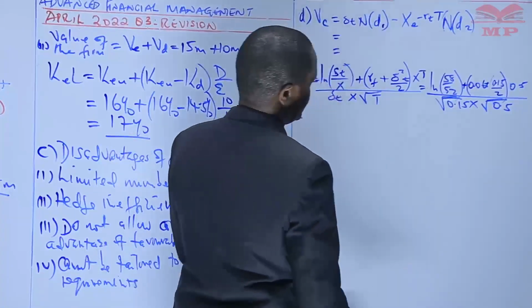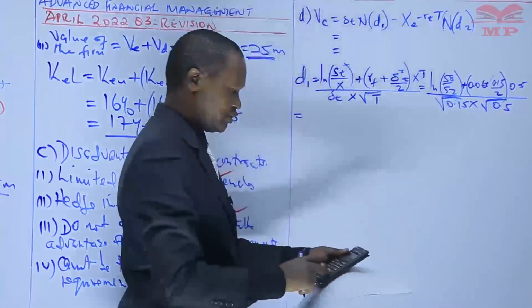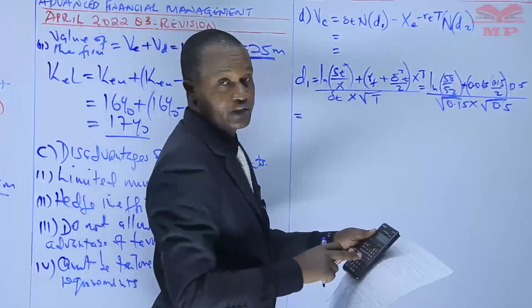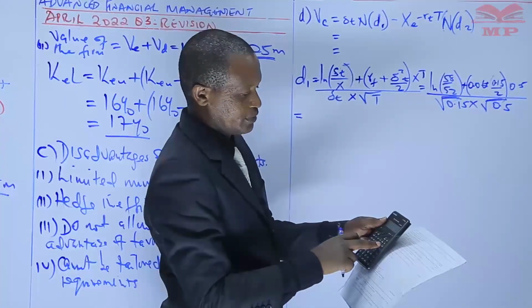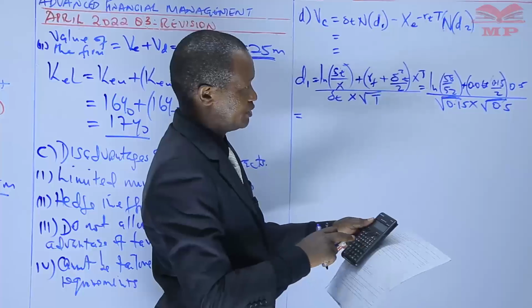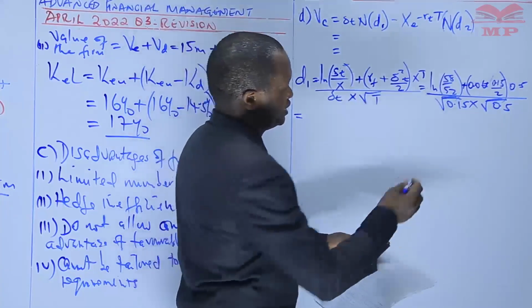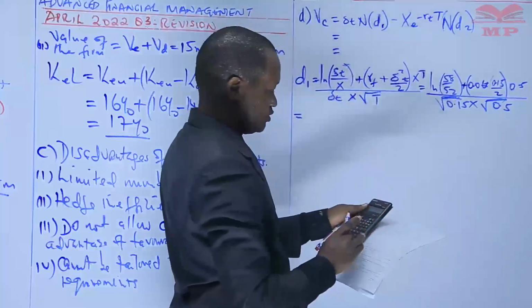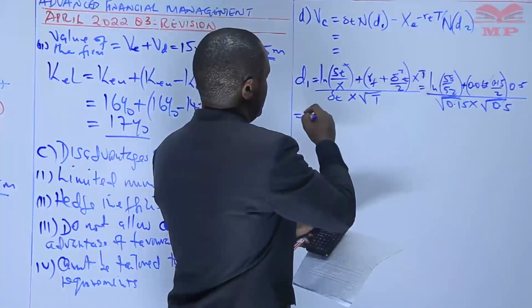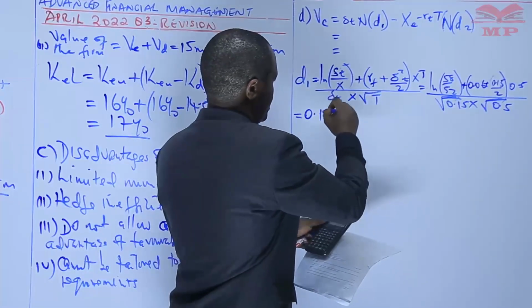So we go to the calculator. You punch natural log, open a bracket, 58 divided by 52, close the bracket. This is equal to 0.1092.